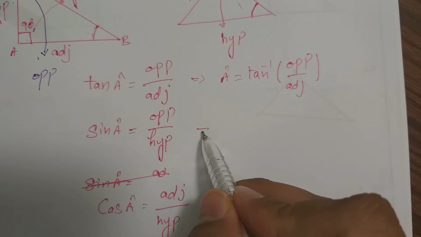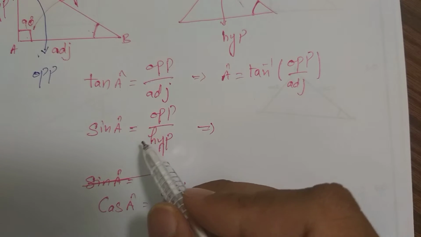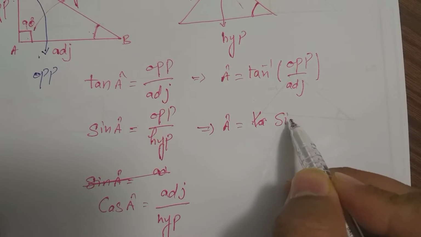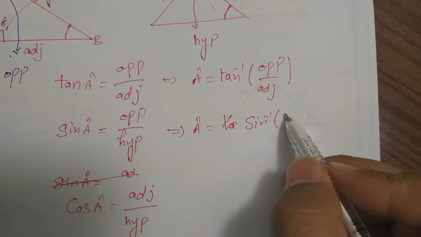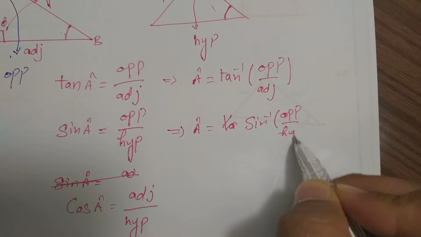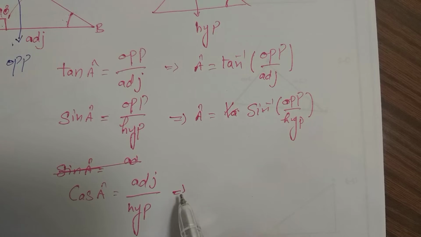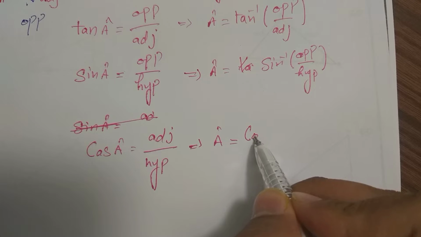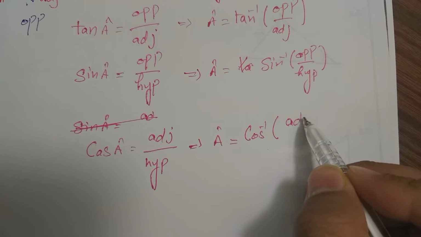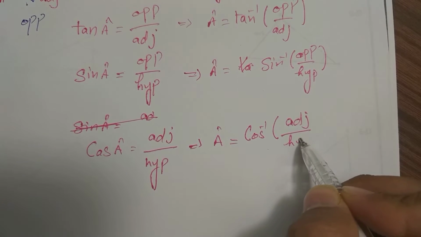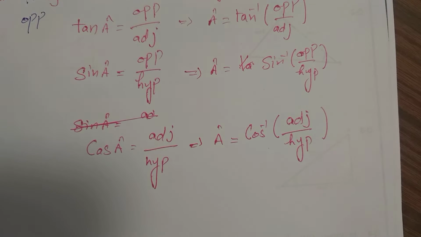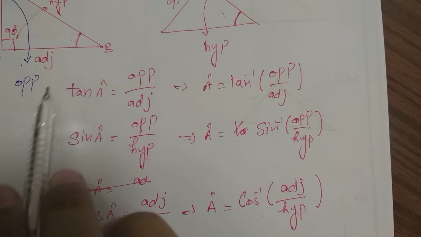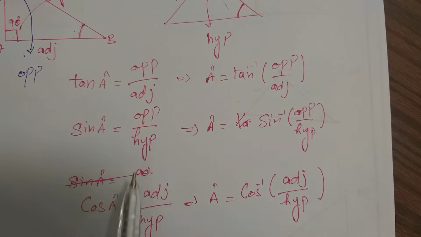If we are given opposite and hypotenuse and need to find an angle, we go for shift sine, opposite over hypotenuse. If we are given adjacent and hypotenuse, it would be cos inverse adjacent over hypotenuse. Or whatever information you are given, you can substitute in the given formula, and you can find the rest of the things.